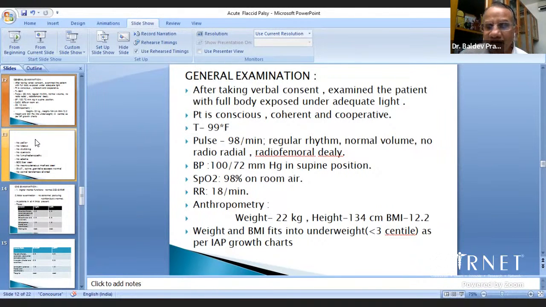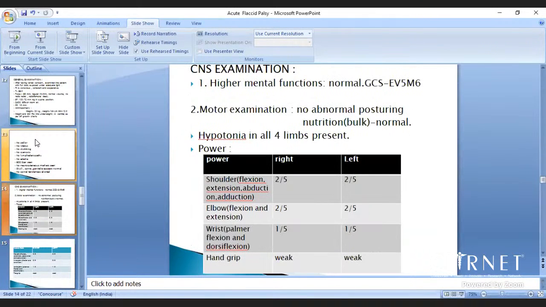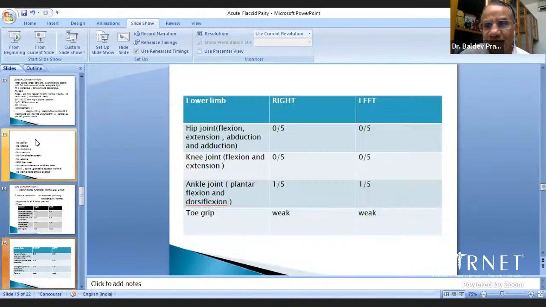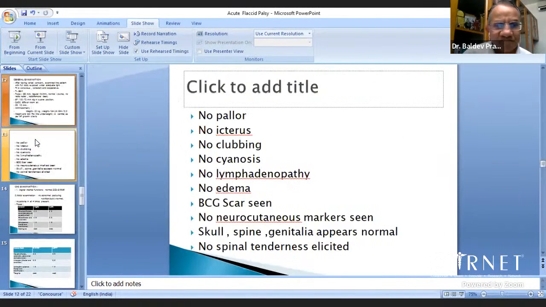Second, I'm not sure, did you mention the fundus examination? Yes, sir. Mentioned in fundus. Fine. If you have mentioned, that's good. This is also another point which you should never miss, because it is commonly missed in the exam. Now coming to the point, in general examination, is there any positive finding?